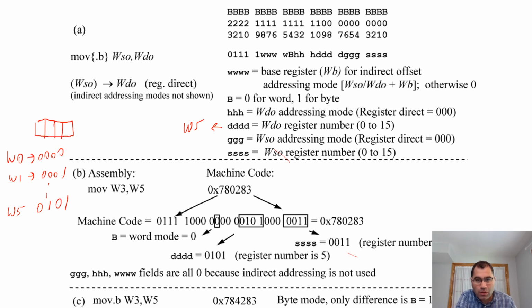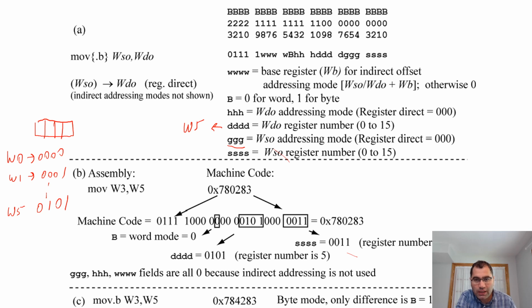So we took care of DDDD and the source, and then the last one is the addressing mode, GGG. For register direct, it's 000. This value is going to be 000.